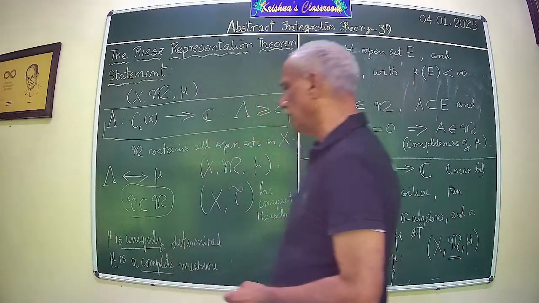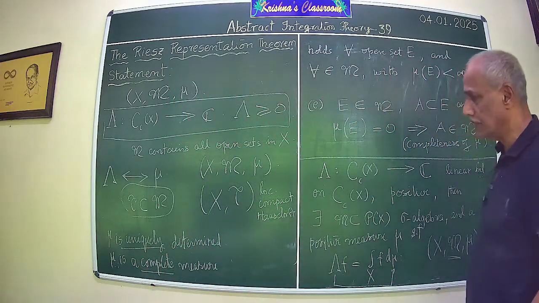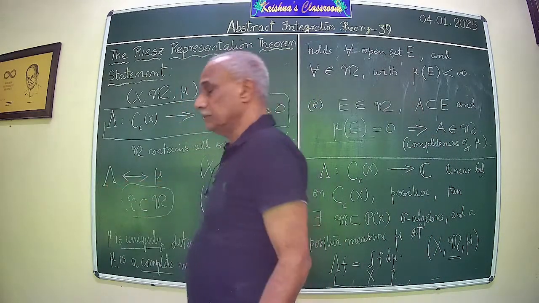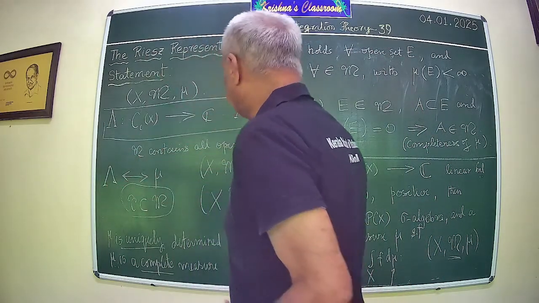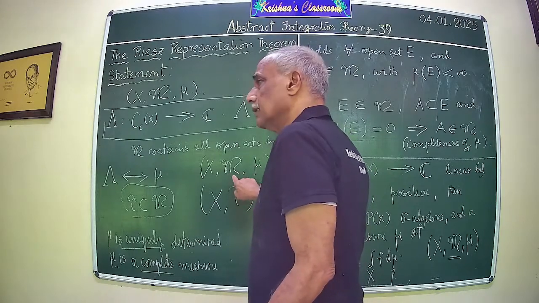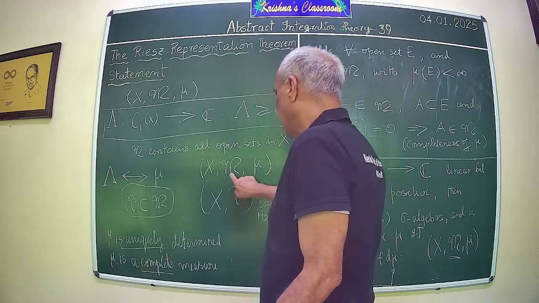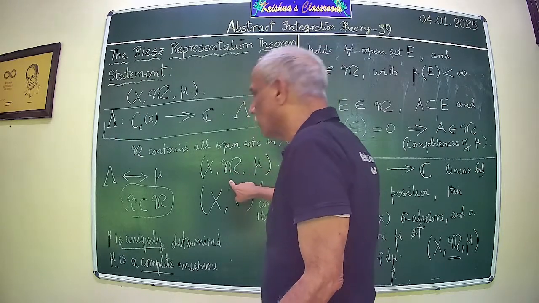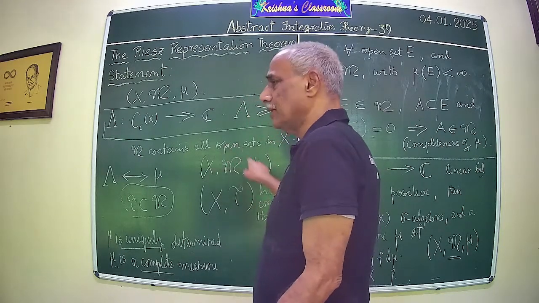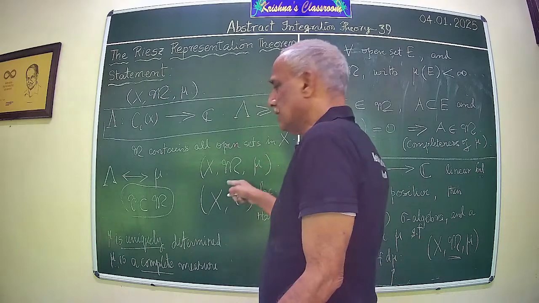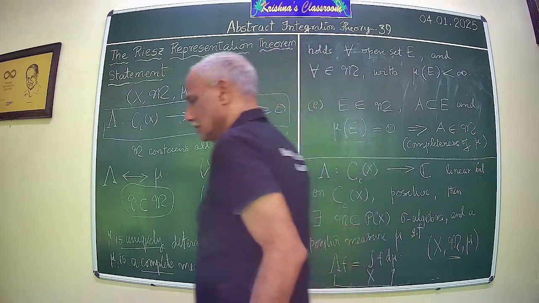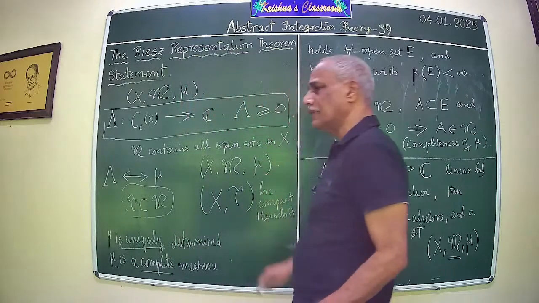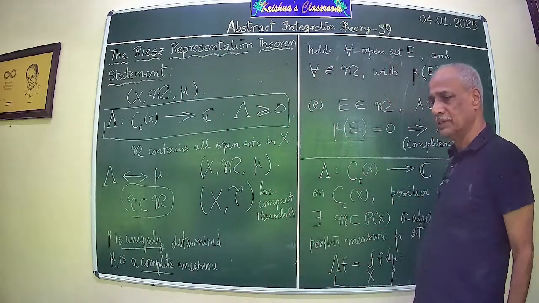It needs a long work because, starting from lambda, we have to first construct script M and the measure, and then essentially prove that the script M that you have defined does satisfy all the properties of a sigma algebra, and mu has all the properties of a positive measure.